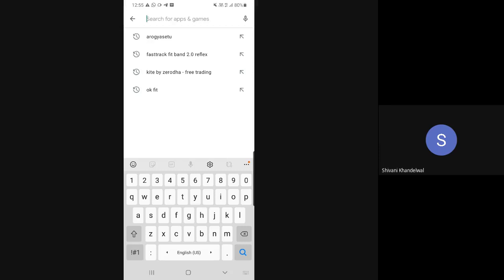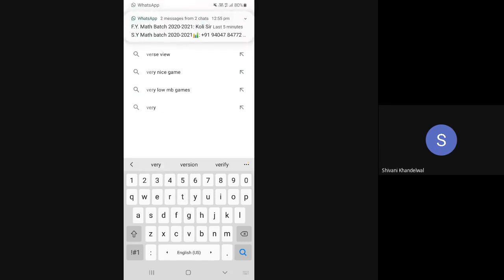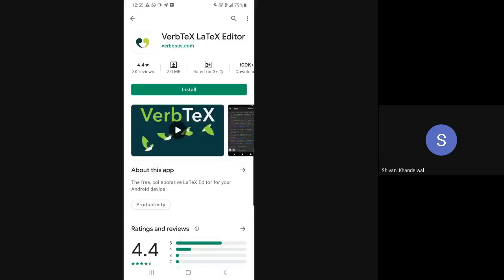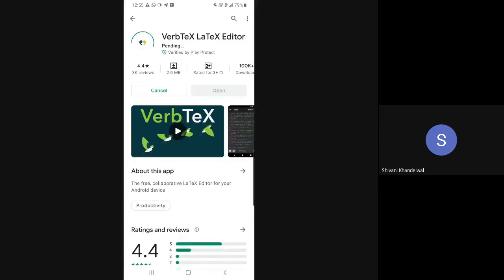So we have one more app. We can search it as Verbtex LaTeX editor. दिसतंय सगळ्यांना? Yes, ma'am. Okay, Verbtex editor, then you can install, as I am also installing just now.